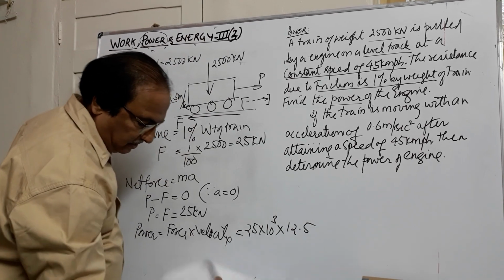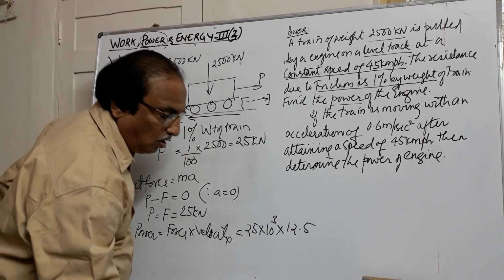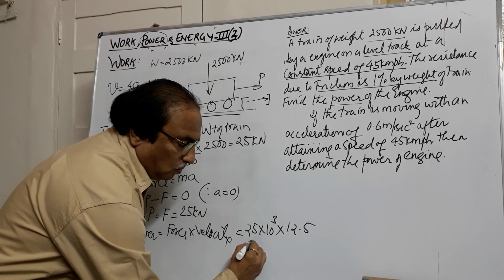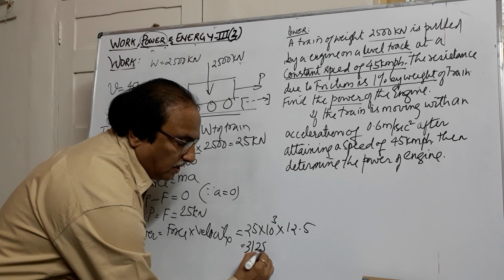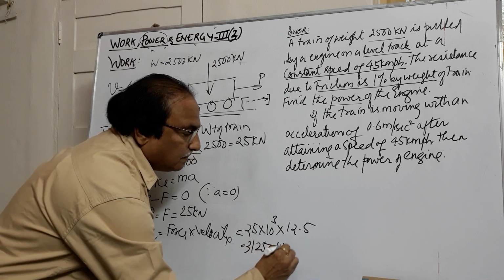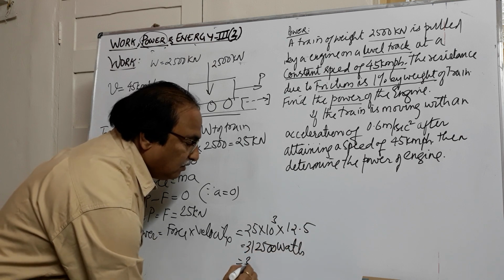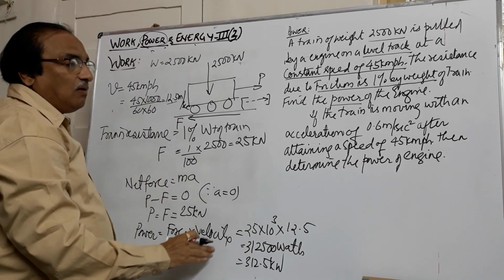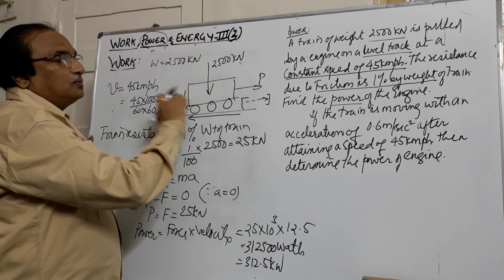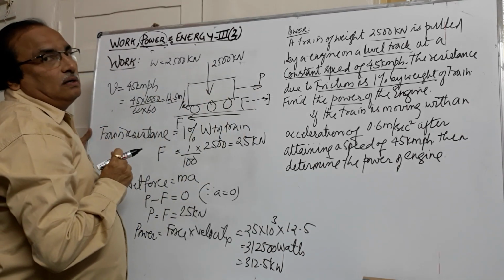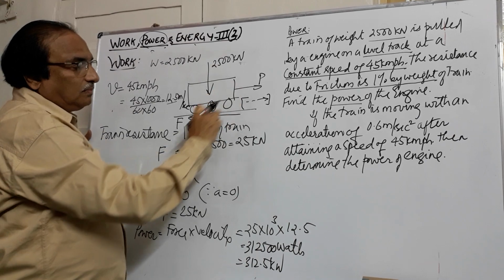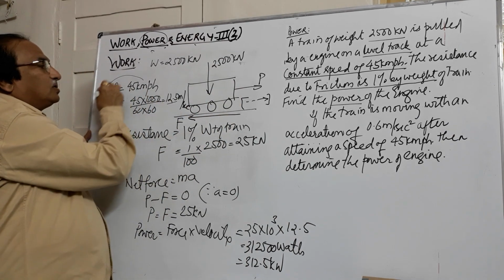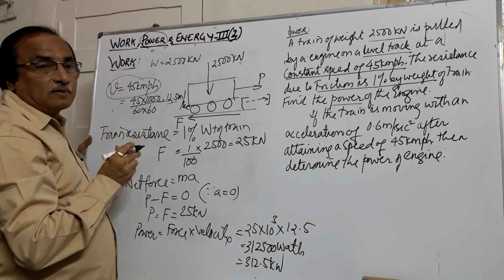If you multiply this, you get the value of power is equal to 312,500 watts, or I can write it as 312.5 kilowatts. Now this is the power required if the train is moving on a straight track with a frictional resistance with a constant velocity of 45 km per hour.